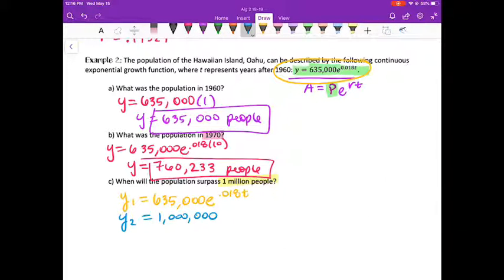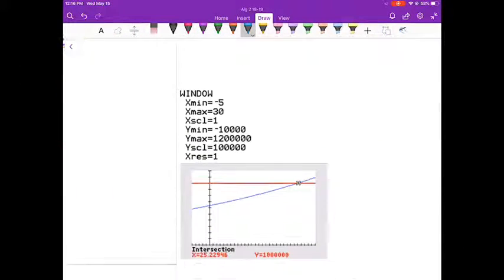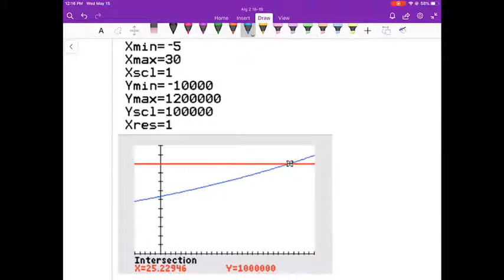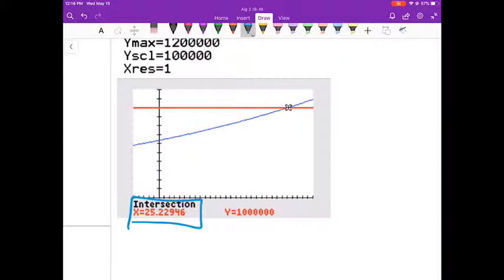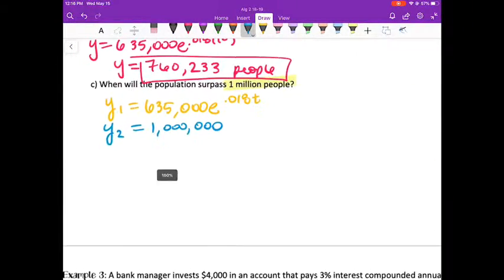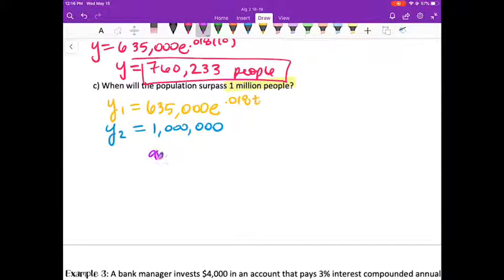So our graph will look like this when we have these windows. And we are looking for that intersection point, so we would use the second trace, option 5, intersect option. First curve, second curve, guess. We find that we get 25.22946-ish years. So about 25 years later.